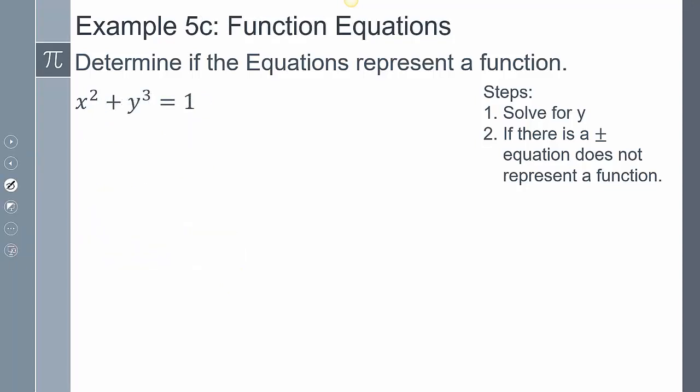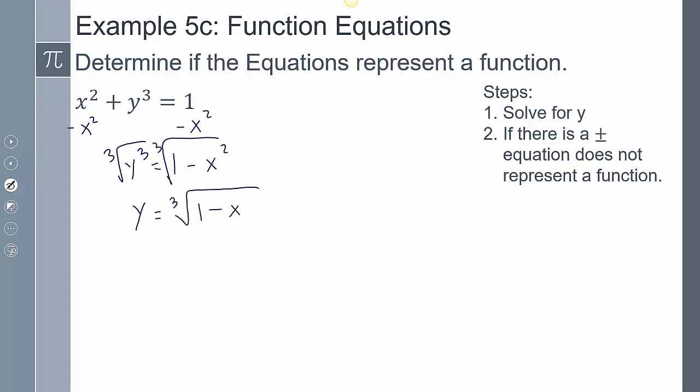Looking at this next example here, trying to get y by itself, so subtracting x squared on both sides. So I get y cubed equals 1 minus x squared. And then to get y by itself here, I want to take the cube root to both sides. And so taking the cube root to both sides, I get y equals the cube root of 1 minus x squared.